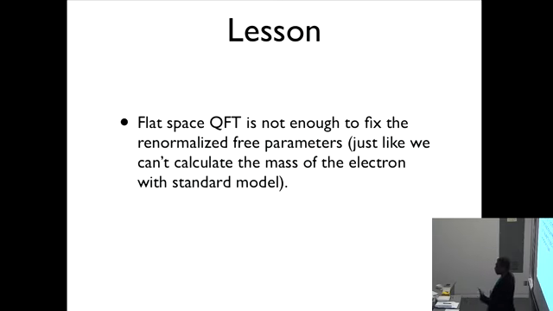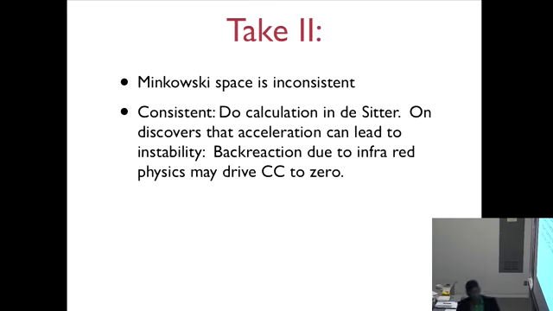And this is the philosophy of people like Richard Woodard, and most recently Polyakov, and also the philosophy of Robert Brandenburg, Slava Mukhanov and Raul Abramo. The idea is simply to do it consistently, calculate in de Sitter space, and one discovers that acceleration can lead to an instability.